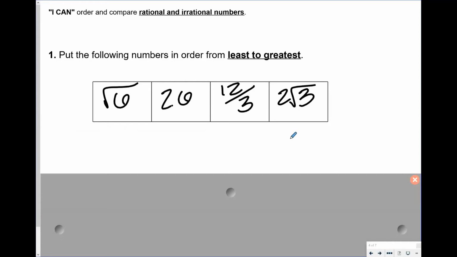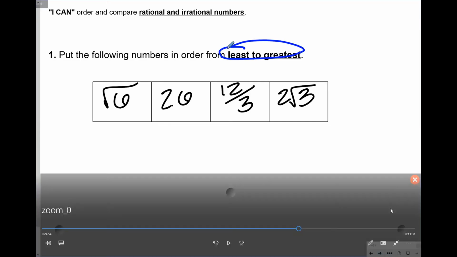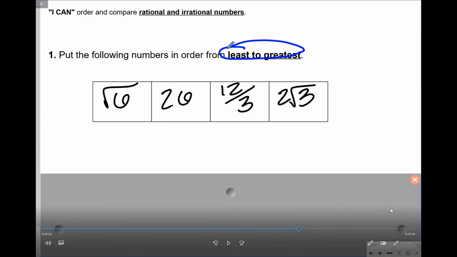The directions tell us to put the following numbers in order from least to greatest. So obviously we have to put these numbers from least to greatest, not in any order that you want, but what the question is telling us to do.